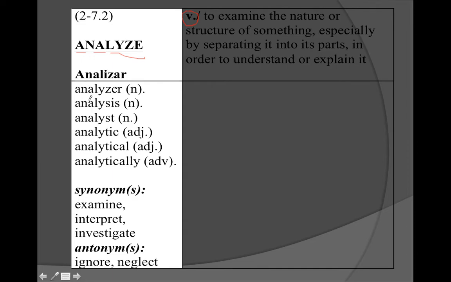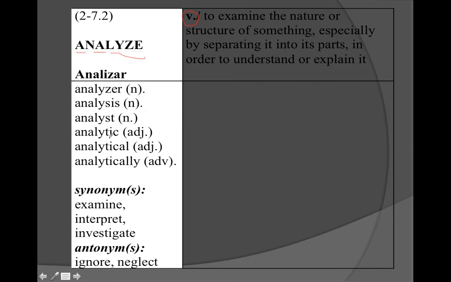Other words that come from analyze: analyzer is a noun, analysis is a noun, analyst, noun. So pretty much these are people who analyze. Okay? Analyzer, analysis, analyst. We have 2 adjectives: analytic, analytical.